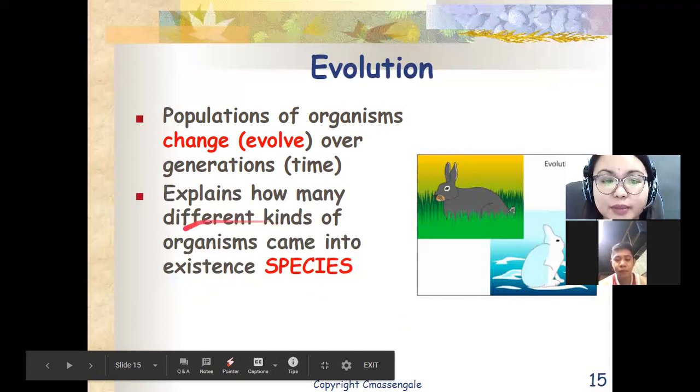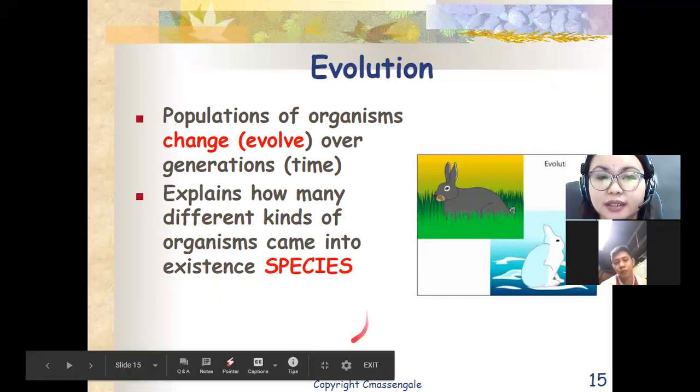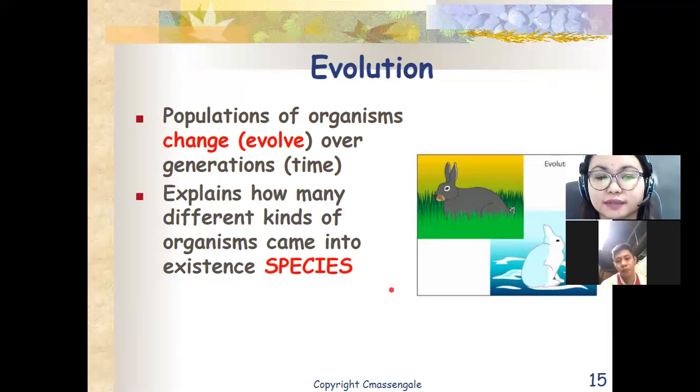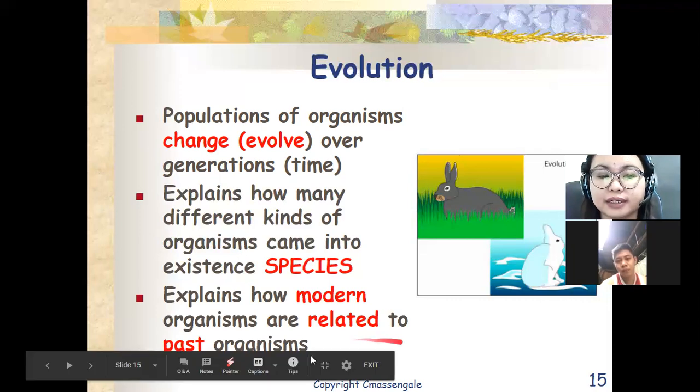And it explains how many different kinds of organisms and species came into existence. So this will also explain the different existence of species and explains how modern organisms are related to past organisms.